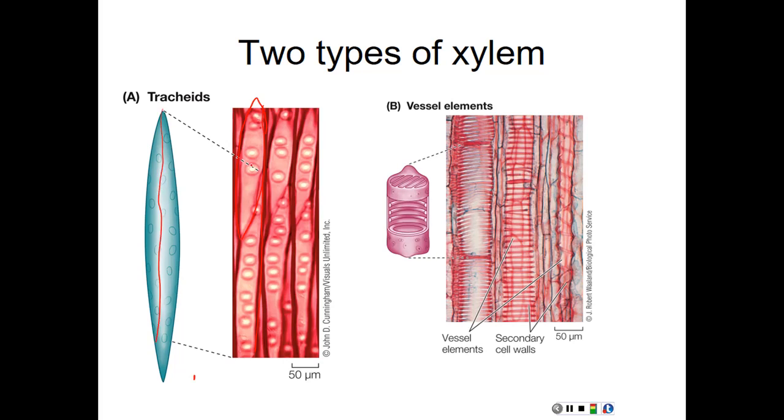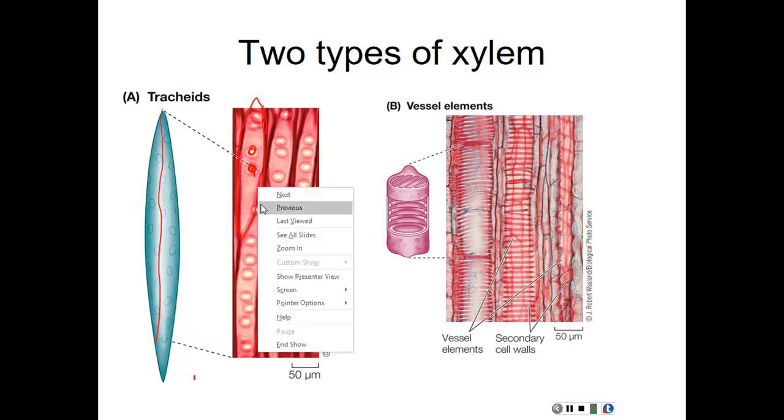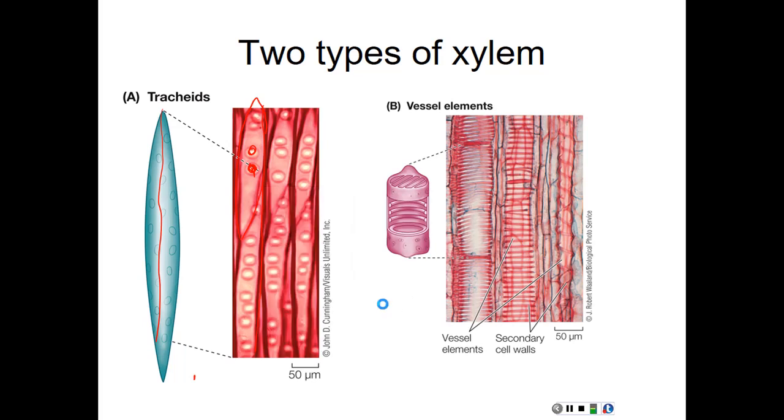They have these pits in them right here, and the pits in the walls of these tracheids allow the water to also move freely from tracheid to tracheid. I should also mention that these are extremely thick-walled cells, except for these pits. So these pits allow the water to move freely. So if you're a gymnosperm, you've got tracheids.